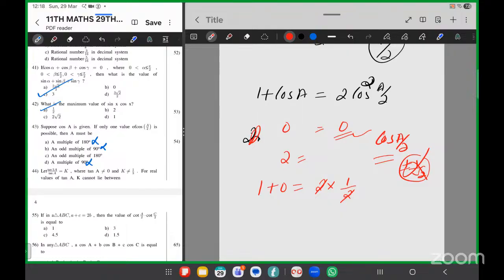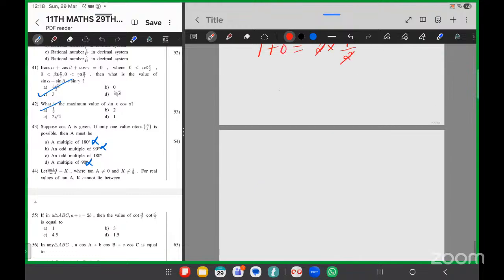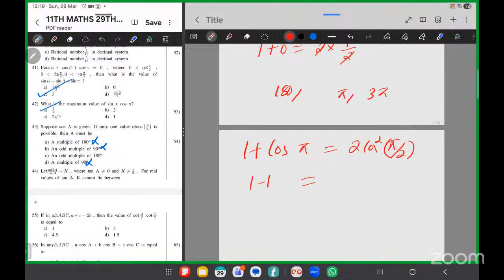But if you consider odd multiple of 180, that means 180, pi, 3 pi, like that. So 1 plus cos pi equal to 2 cos square pi by 2. 1 minus 1 become 2 into 0.